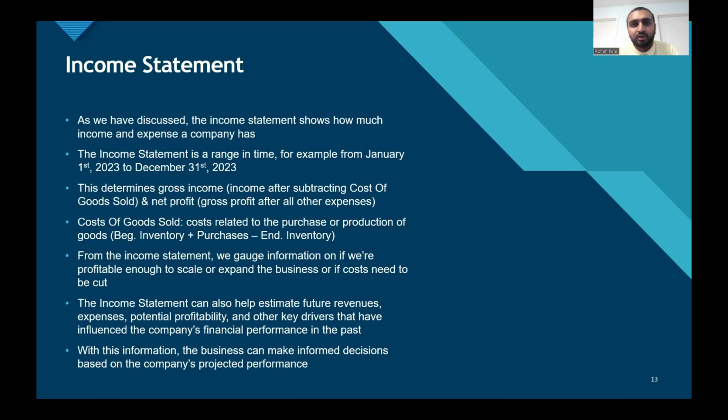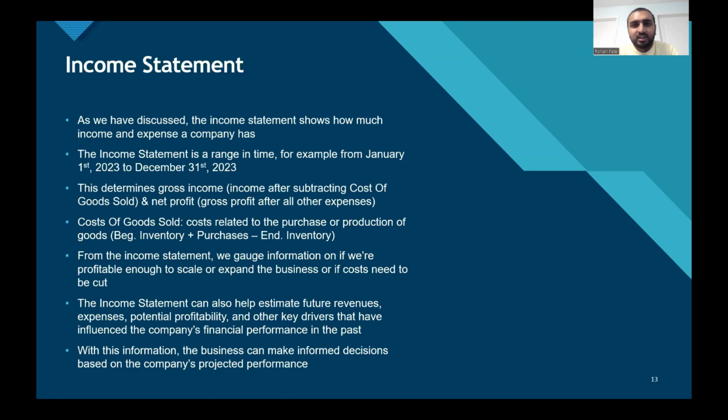We also have other operating expenses, and accounting is a field where all of the accounts have categories of accounts as well, right? We'll go over those other accounts a bit more in detail in future lessons. But for now, all you need to know is that gross income is income after subtracting cost of goods sold, and net profit is the gross profit after all other expenses.